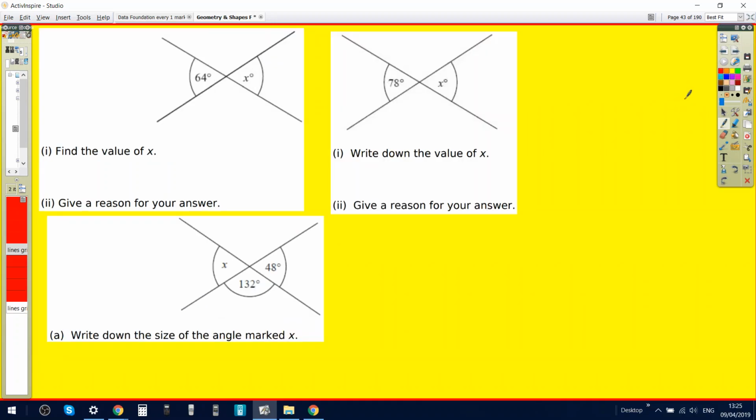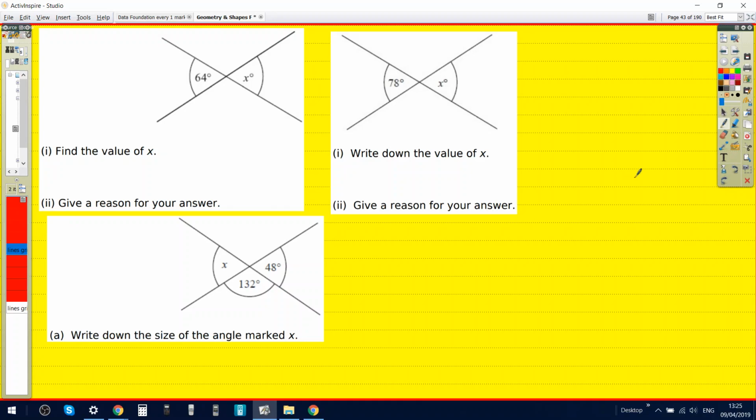How about top left? So basically it'd be 180 minus 64.